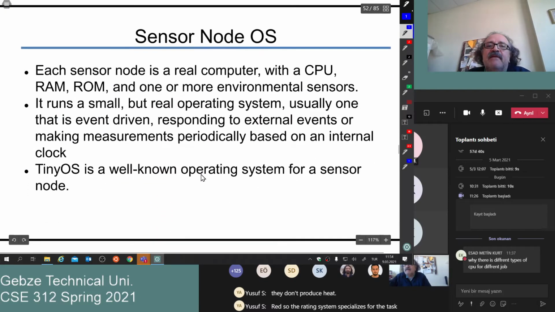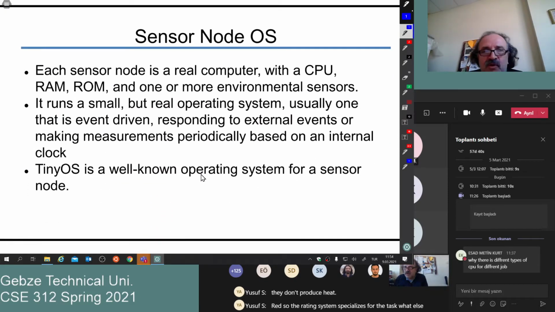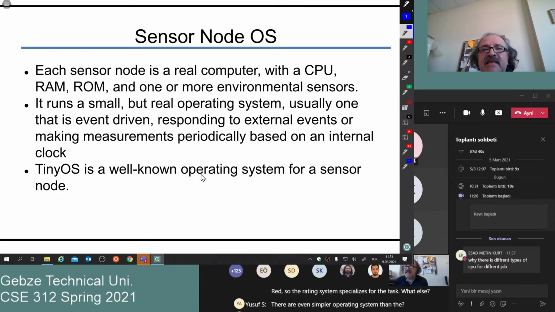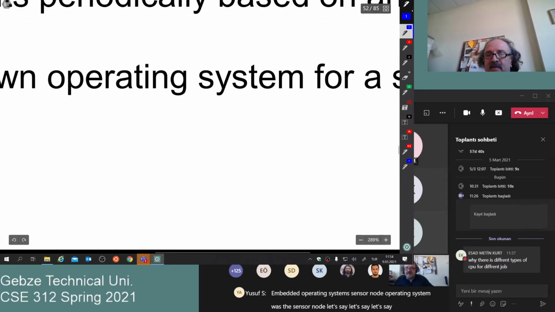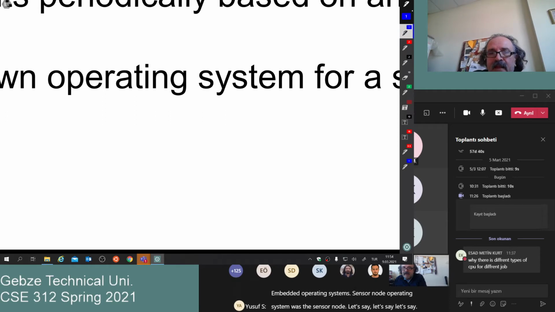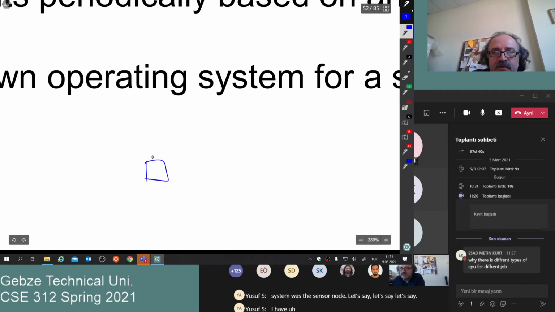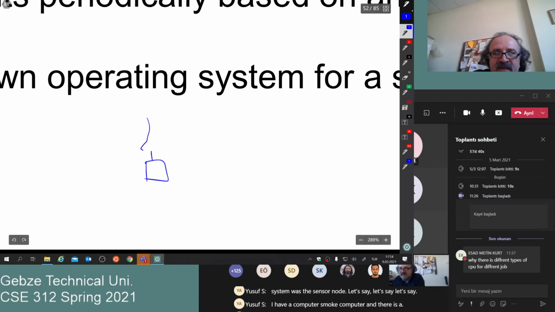What else? There are even simpler operating systems than the embedded operating systems: sensor node operating systems. What's a sensor node? Let's say I have a small computer, and there is a temperature sensor. Let me see how I can draw.